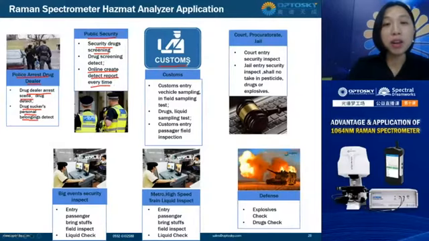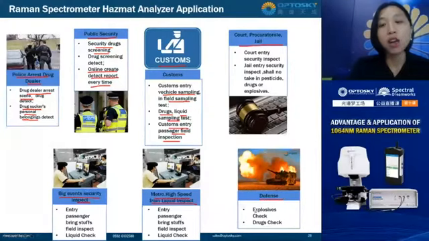For customs, there is entry vehicle sampling in field sampling tests, drug and liquid sample tests, and customs entry and passenger field inspection. Not to mention court and jail, which we have mentioned before, and also big event security inspection, metro, high-speed train and liquid inspection, and in defense for explosives checks and drug checks.